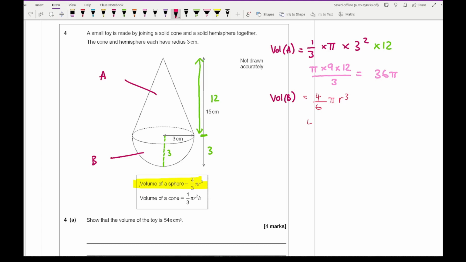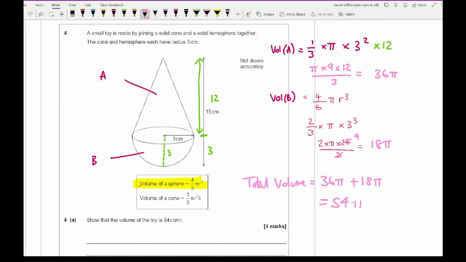So it's going to be 2/3 times pi times 3 cubed, which gives me 2 times pi times 27, all divided by 3, in which I can cancel the 3 with the 27, so that becomes a 9, which leaves me with 18 pi. So all that's left for me to do is work out the total volume, which is 36 pi plus 18 pi, which gives me an answer of 54 pi.